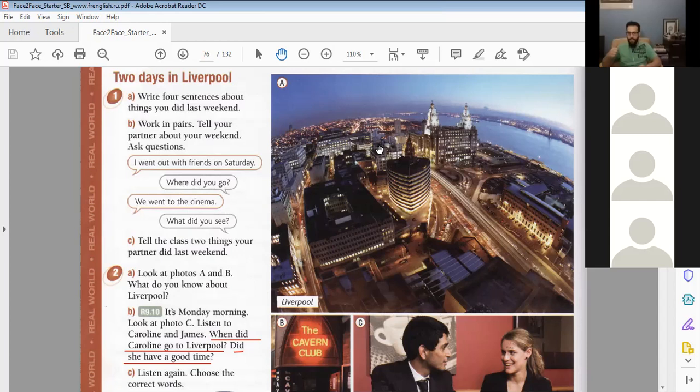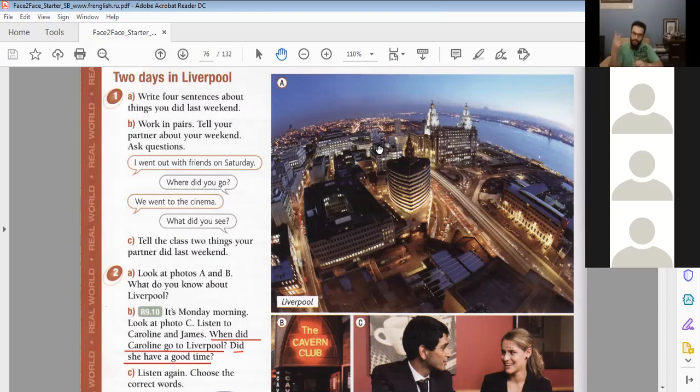What did Caroline do? She took photos. She took photos, correct? Yes. What else, Basma? I think she stayed with her sister.